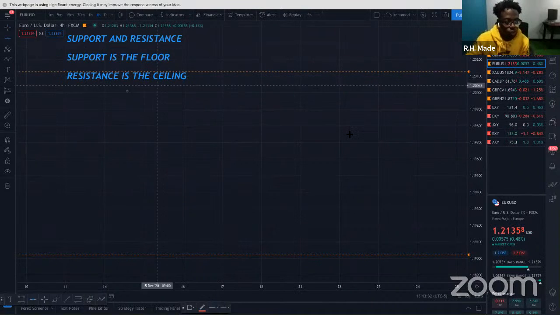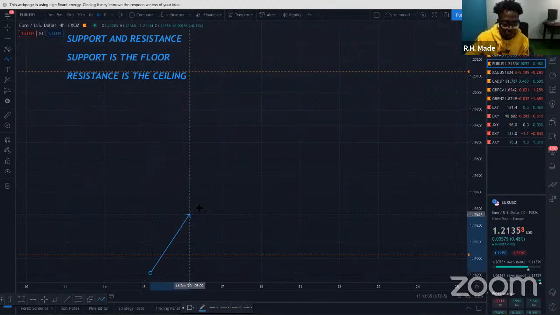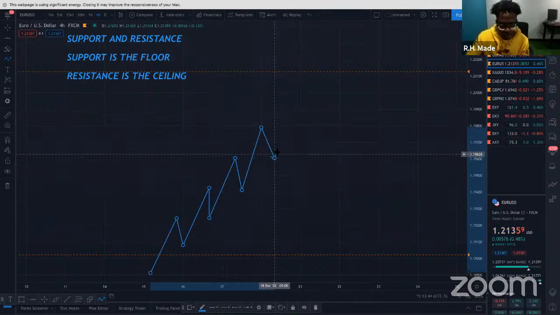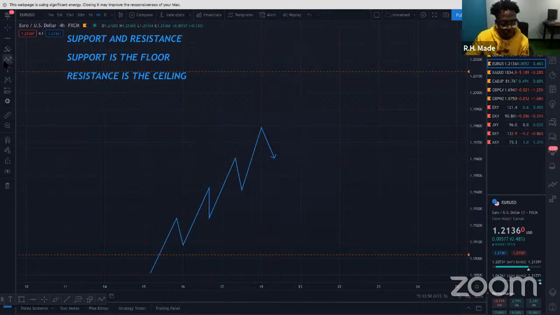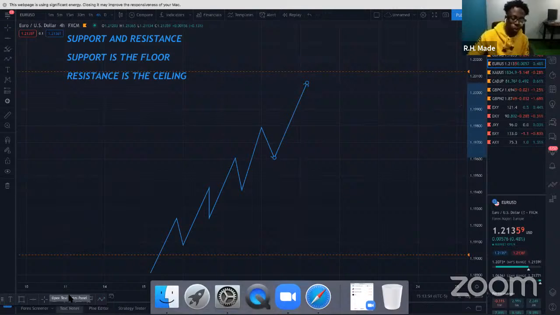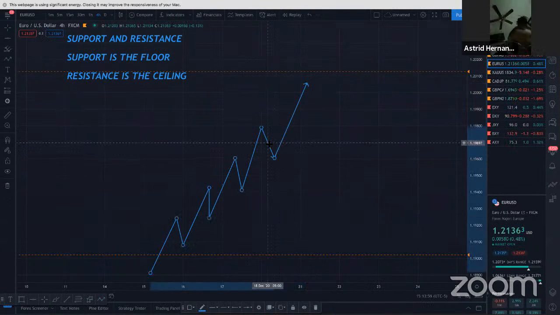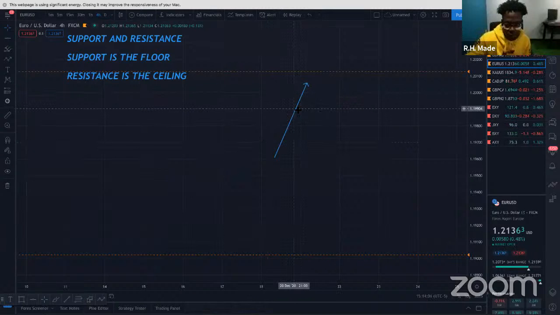So support and resistance ties into trends. I'm just going to draw a trend for the sake of the example. Hold on, let me draw this a little better.